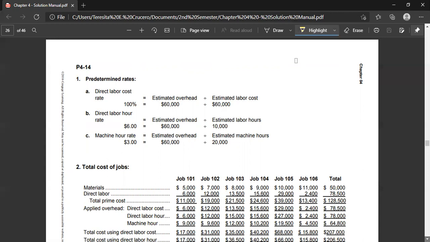So we have now your material cost, direct labor cost, direct labor hours, machine hours, and the dates the jobs were completed.